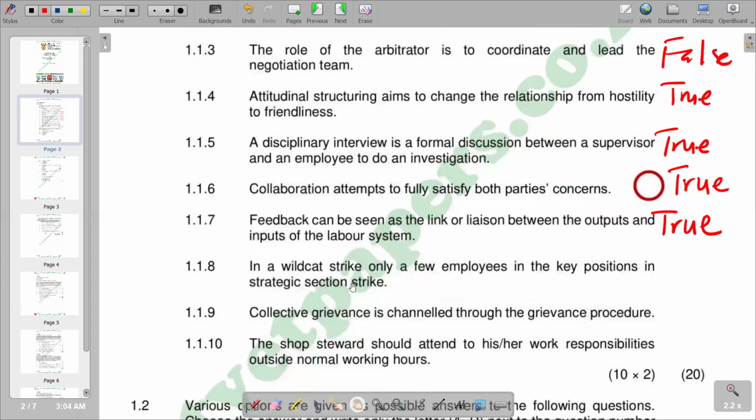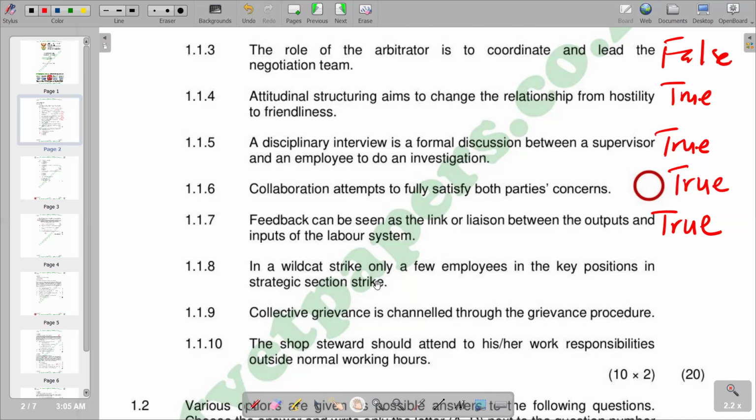Then number 8, in a wildcat strike, only a few employees in the key positions in a strategic section are on strike. So our statement is false. Remember, when we are having a wildcat strike, this is a strike undertaken by union members without the authorization of union leadership.